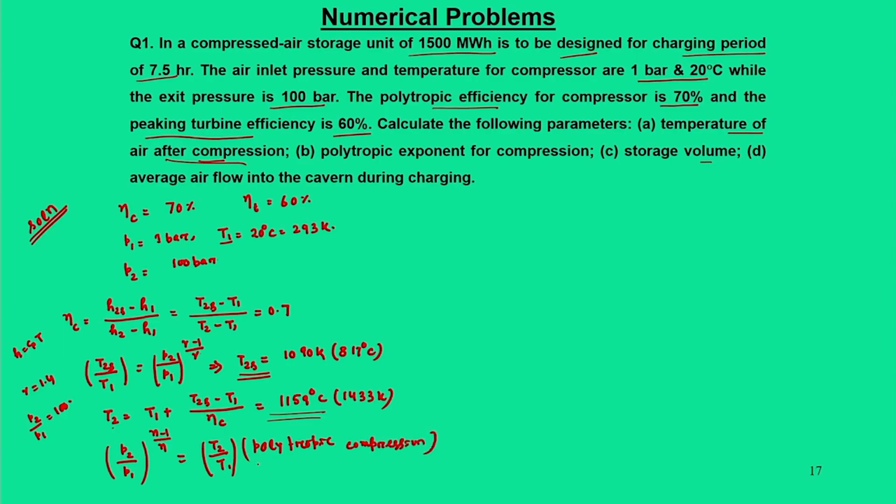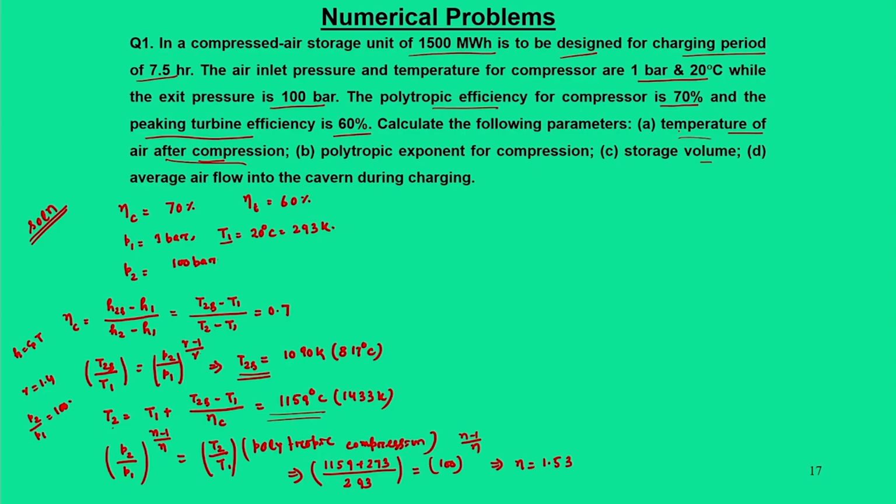If you use this expression and put this value of P2 by P1 and T2 and T1, then (1159 plus 273) divided by 293, which is T2 by T1, is equal to 100 to the power (n minus 1) by n. By solving this, we say n is equal to 1.53. So, we get the first two answers.